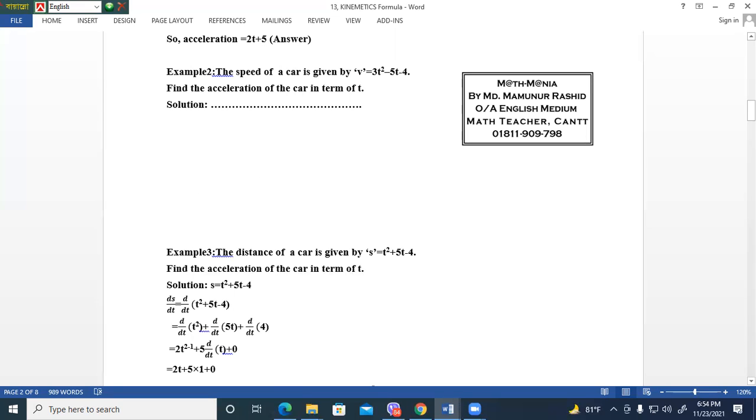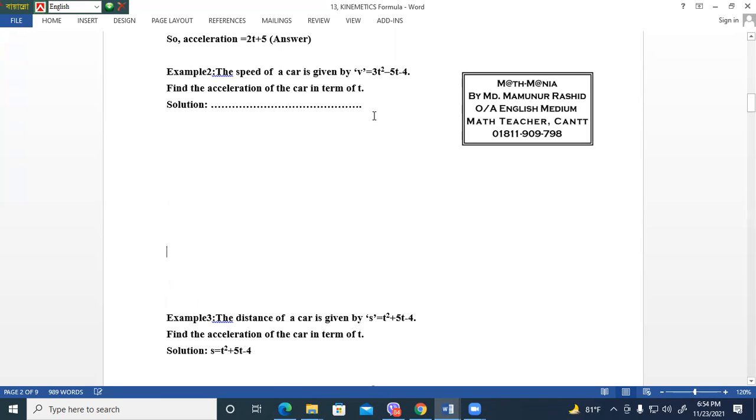And this time you see what's given here. Velocity is given. You have to find the acceleration. I told you, if you differentiate the velocity, you will get acceleration. So right here, first, v equals 3t square minus 5t minus 4.